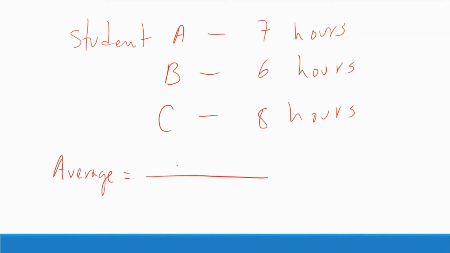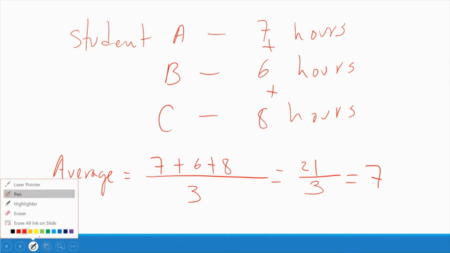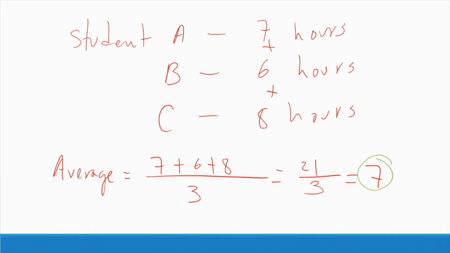Well, you add all these three numbers, so 7 plus 6 plus 8, and you divide it by the total number of students, 3. So 6 plus 8 is 14 plus 7, so you have 21 divided by 3. And then the average number of hours studied in a week by these students is 7.